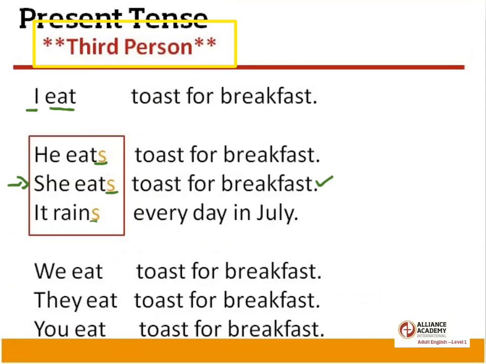Now, when we speak, that is a very important part of pronunciation, is to hear the S. We need to hear he eats, she eats, it rains. And then we go back to our non-third person subjects. We eat toast for breakfast, they eat toast for breakfast, and you eat toast for breakfast.